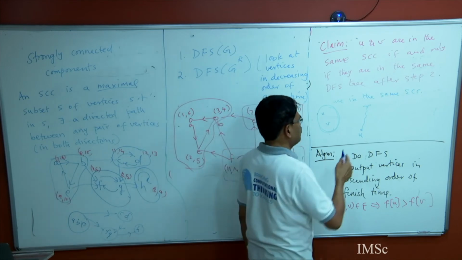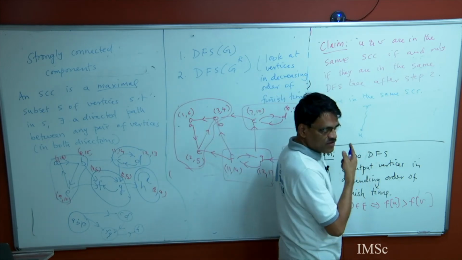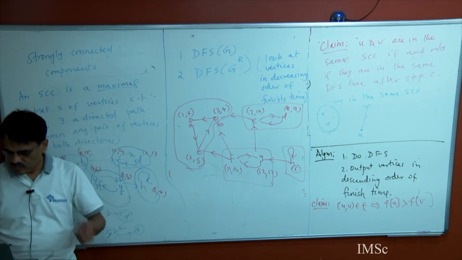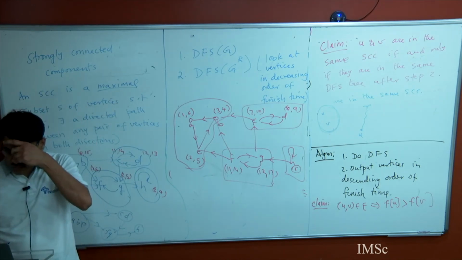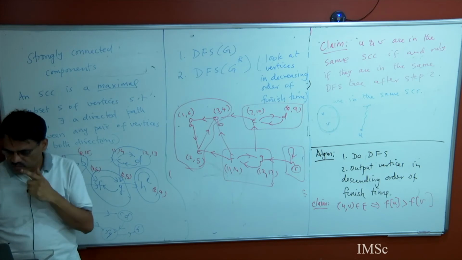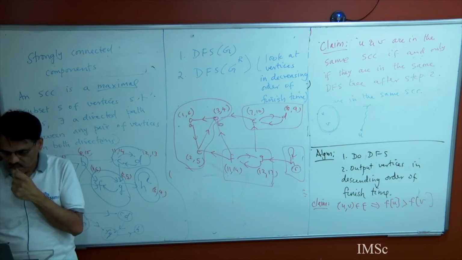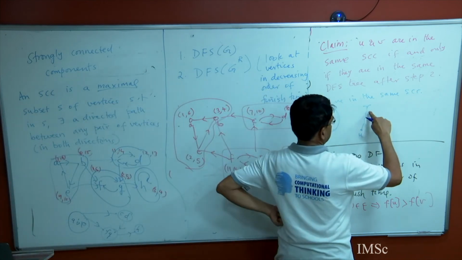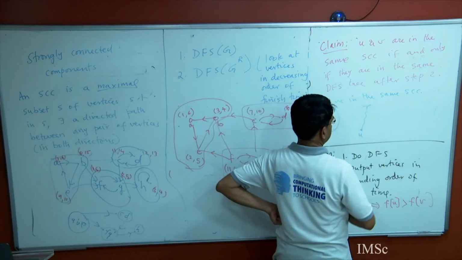That there is a path from U to R, right? Because this is in the reversal of the directed graph. So there is a tree which starts from R and ends at U.